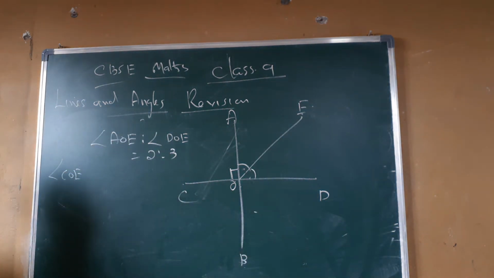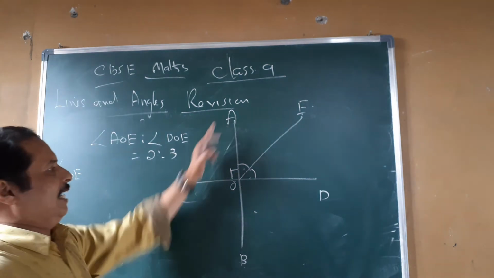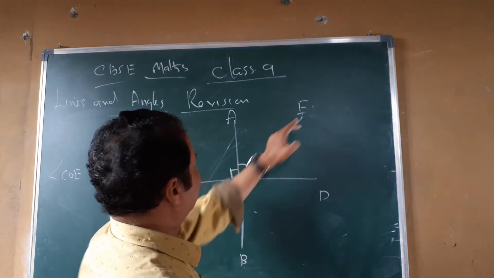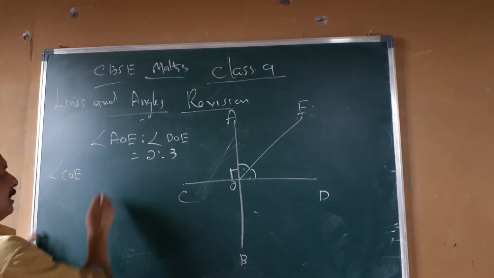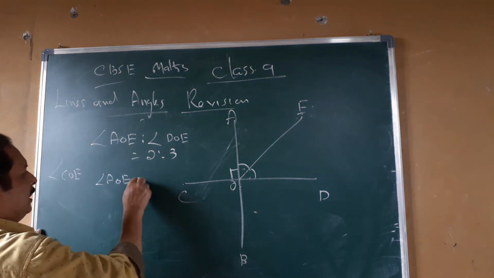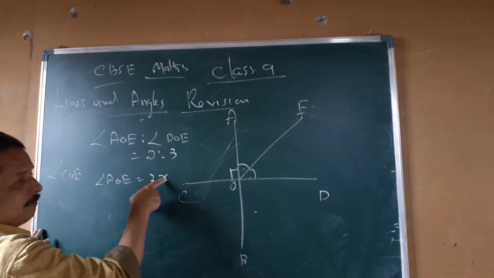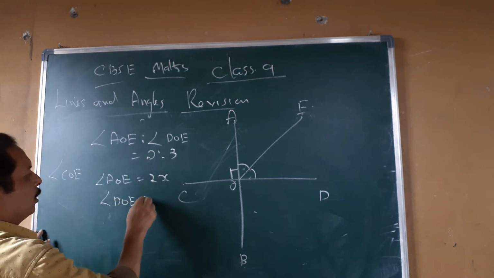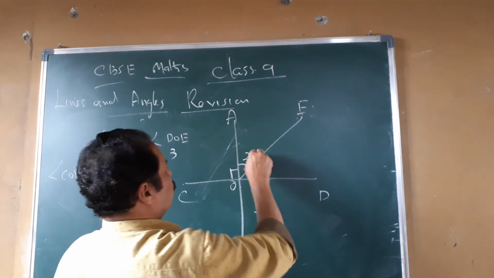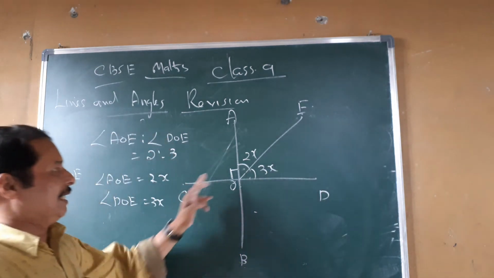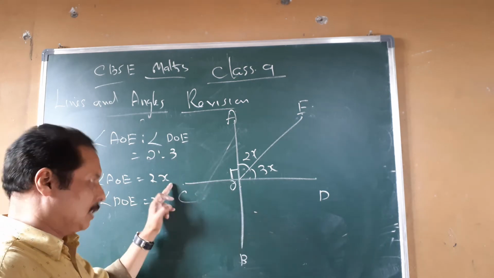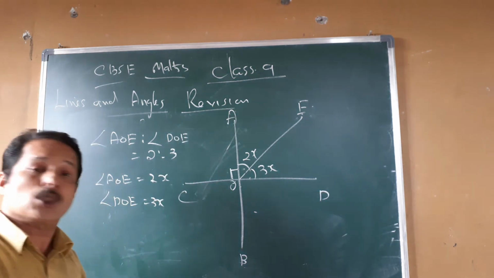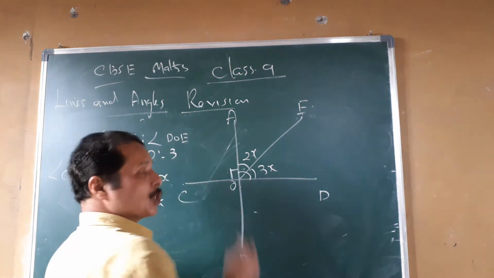There are other questions also. The given data AOE is to DOE is 2:3. We don't know what that is. If angle AOE equal to 2x, angle DOE equal to 3x. This is 2x and 3x. And here it is complementary, that is 90 degree angle. If angle AOC equal to 90, AOD is also 90. This angle is also 90.